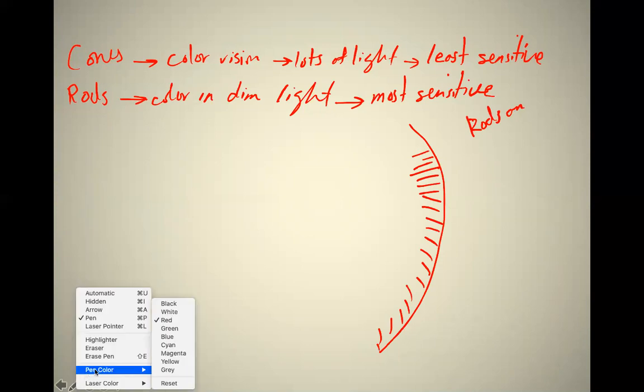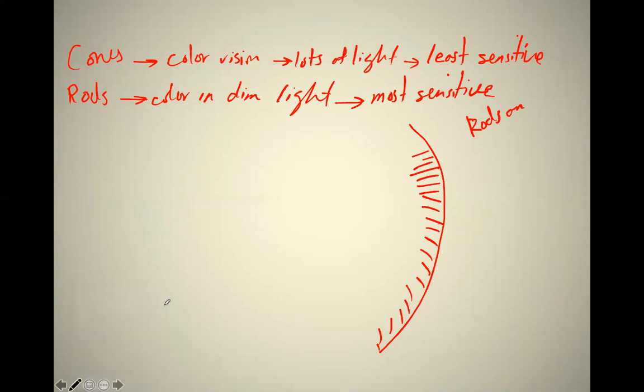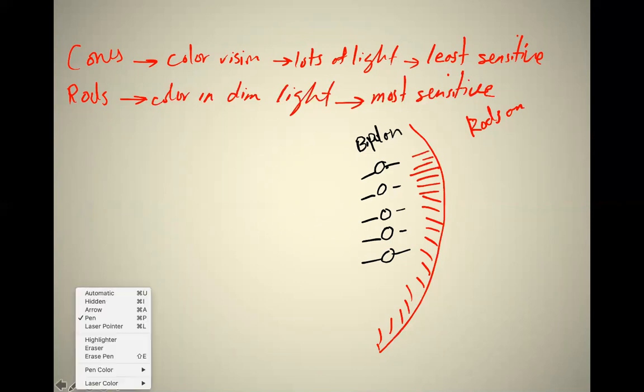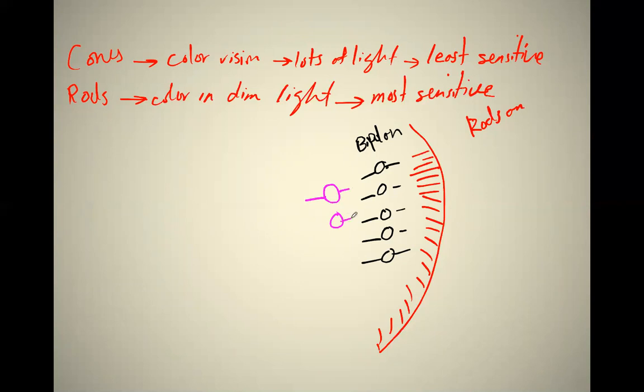And then the message gets passed on to the second layer of cells, which are the ones I'm depicting in black. These are the cells we call bipolar cells. Bipolar cells are going to pass their message to the third layer of cells, these large cells called ganglion cells.